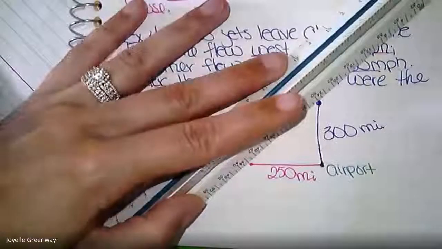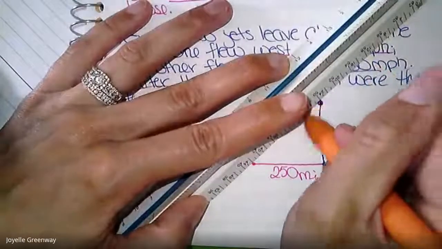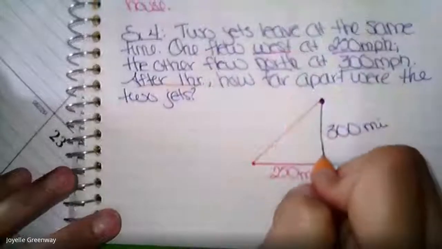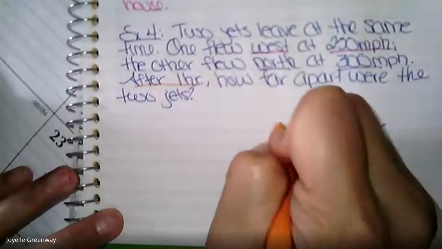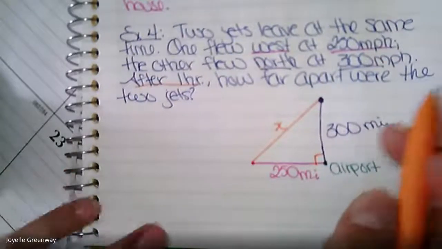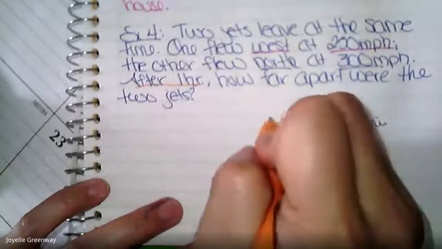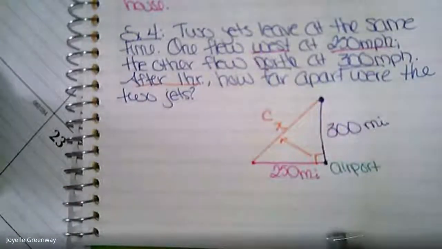So how far apart are they after an hour? That's what we're looking for. Here's your right angle. Across from that right angle is your hypotenuse. So we're looking for C.